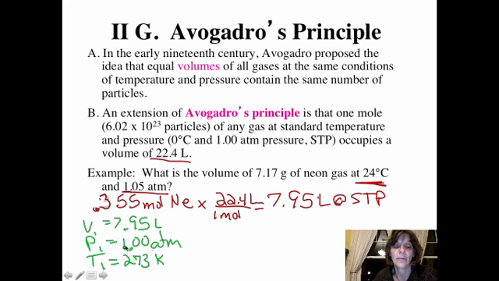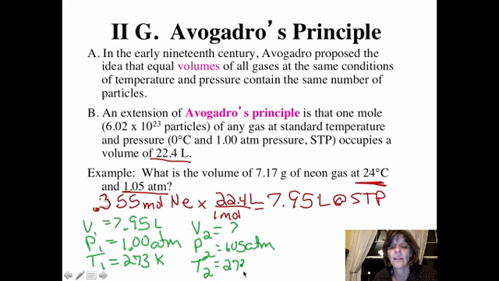That is standard temperature and pressure. What we want to know is V2, that's our question, at a pressure of 1.05 atmospheres and a temperature at, let's see, 273 plus 24 is 297 Kelvin.